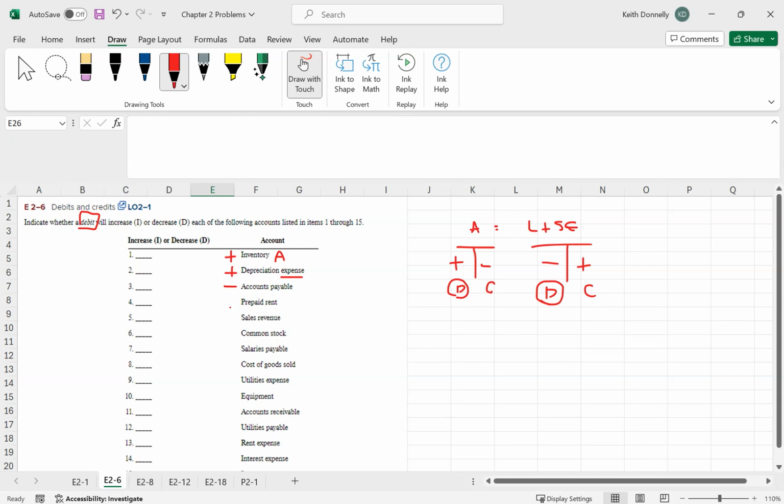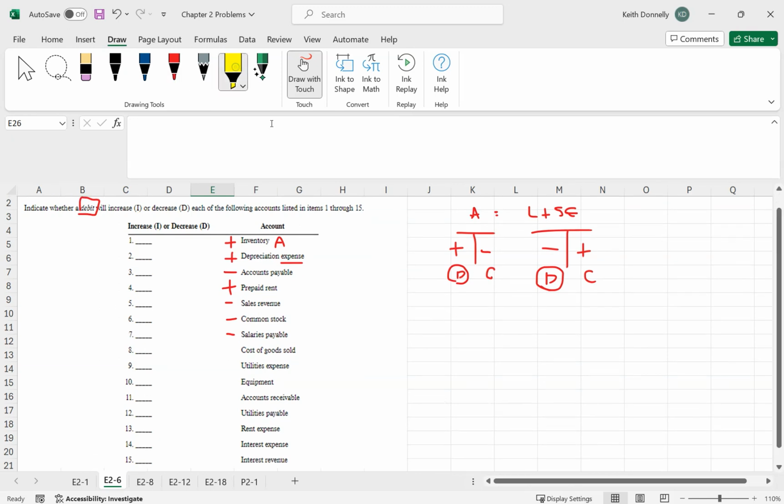Prepaid rent is an asset, so a debit's going to increase it. For sales revenue, you normally credit revenues, so a debit to a revenue is the reverse, and that's going to decrease it. Likewise, common stock and salaries payable, namely stockholders' equity and liability, a debit is going to decrease them.